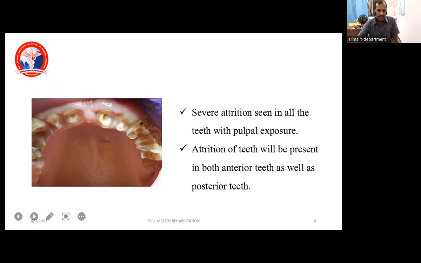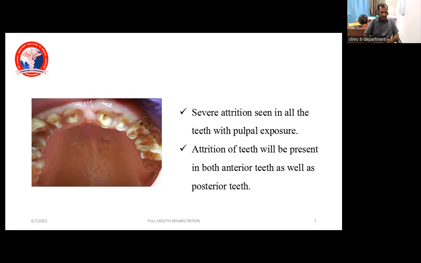And this picture shows the severe attrition seen in the teeth, wherein you can see pulpal exposure, the entire enamel and dentin worn out with the pulp chamber exposed. That can be seen in a severe untreated condition.